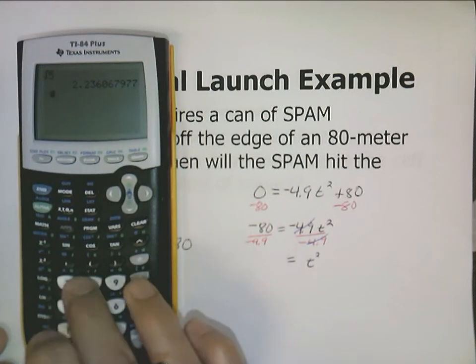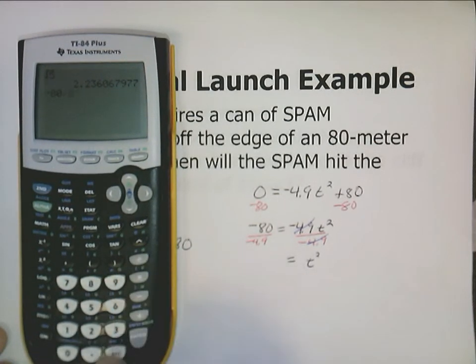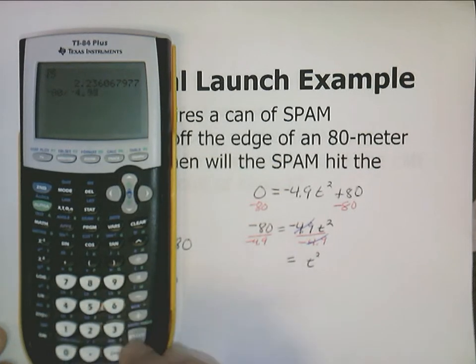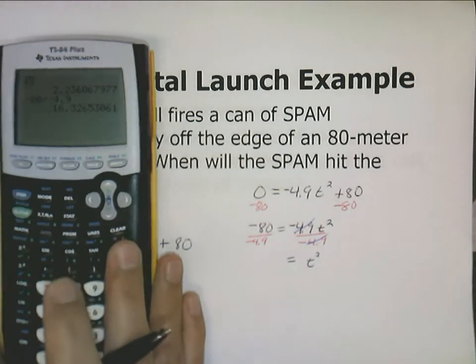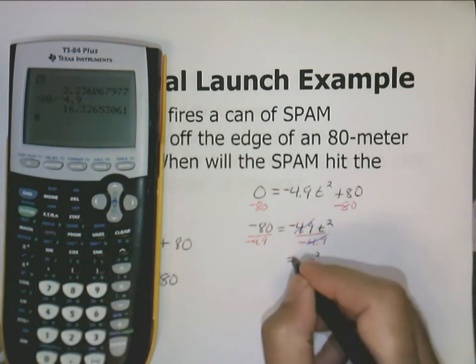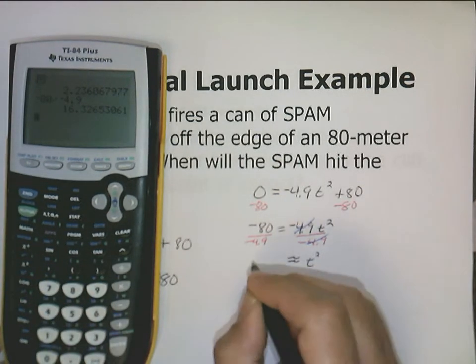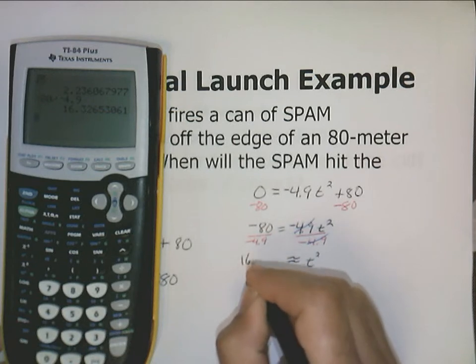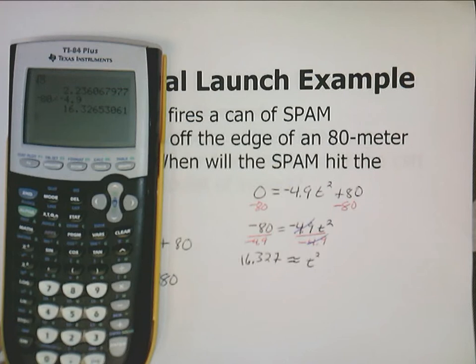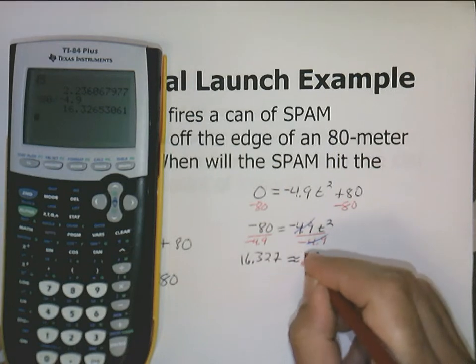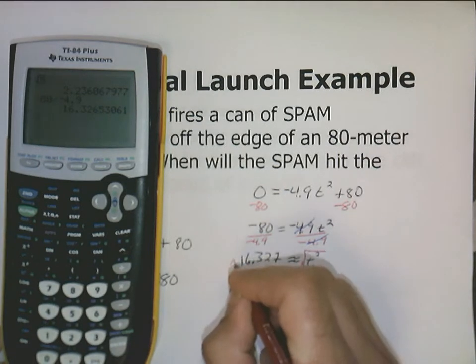So it's negative 80 divided by negative 4.9, which is about 16.327 looks like. So t squared is approximately 16.327. Of course, we don't want to know what t squared is, we want to know what t is, so we just take the square root of both sides, and we don't need to worry about the negative square root because time can't be negative.